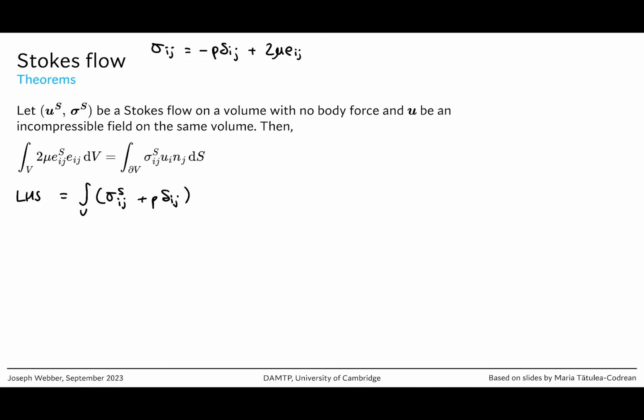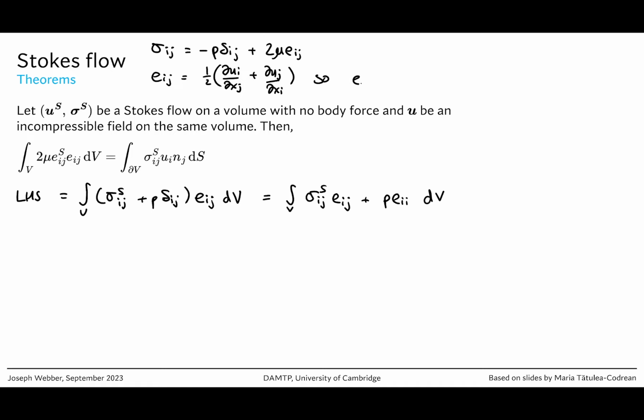Lovely. If you're unsure about index notation, remember to go back and check that video out first. So this is the left-hand side. Now let's contract these indices, and we're left with sigma^S_ij e_ij plus p e_ii dV. Now recall also that e_ij is 1/2 du_i by dx_j plus du_j by dx_i. So e_ii is just div u.